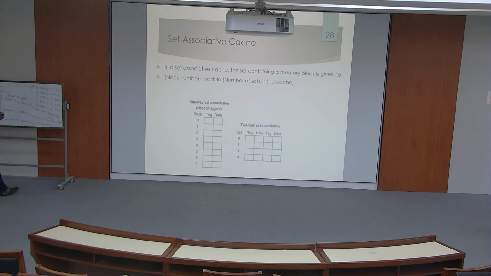We have found that for fully associative, it does reduce the number of misses. That means it has the best performance, but it uses many comparators. That means it is very expensive, and the system needs to be more complex.